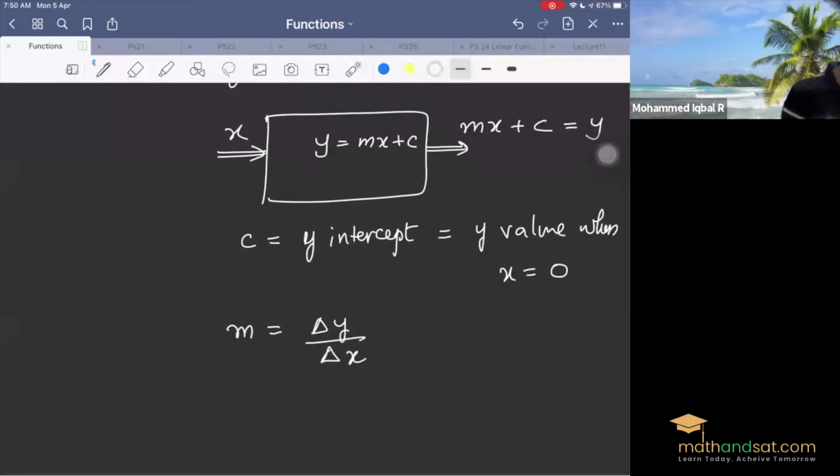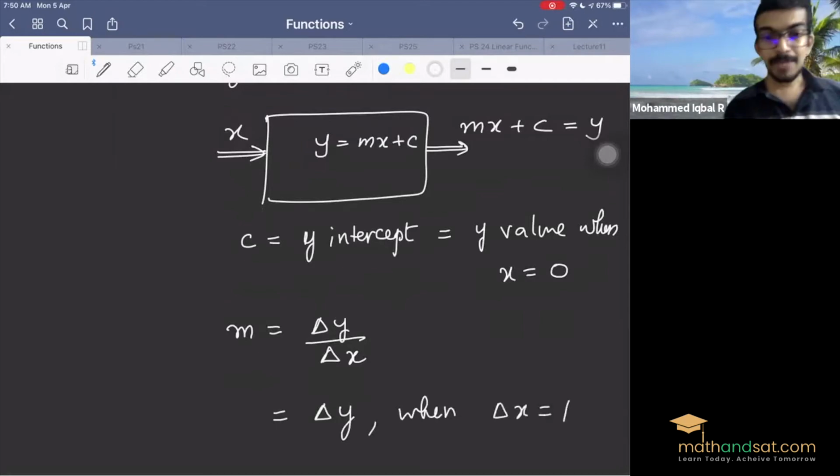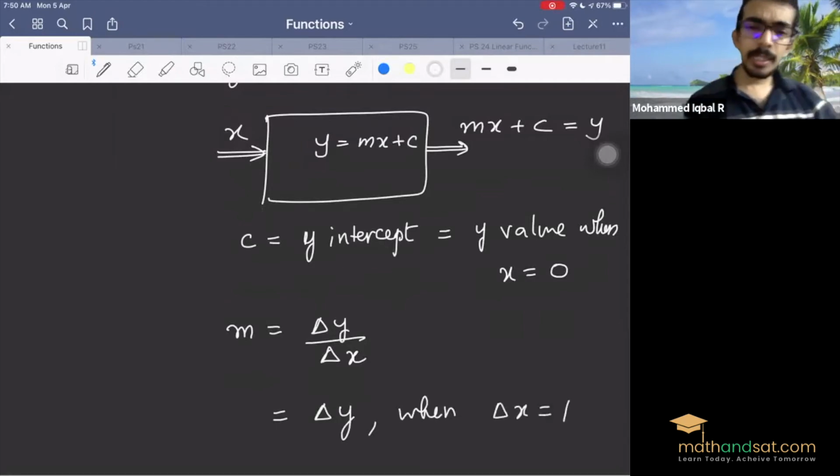You can also say that this is nothing but change in y when change in x is 1. When change in x is given to be 1, your m value is nothing but change in y, because the denominator is 1. Make sense?